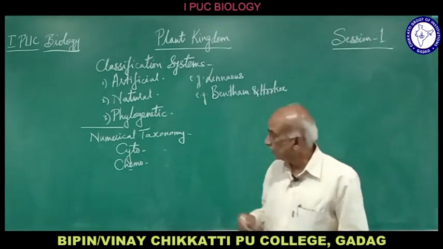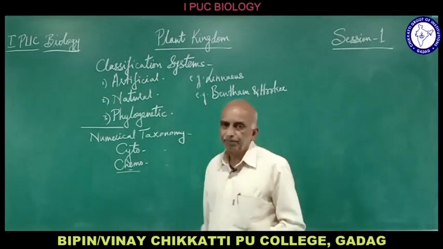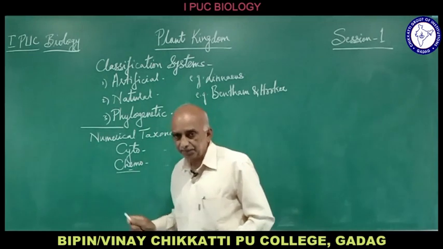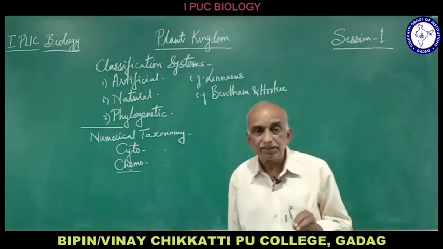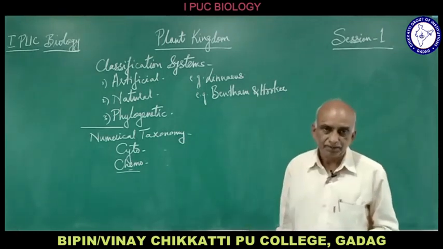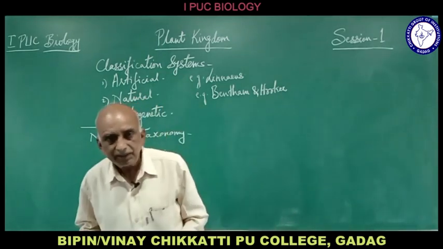Like that, taking into consideration the chemicals which are present in the organisms, when classification is done by considering the chemical constituents of the organisms, it is called chemotaxonomy. So like that, numerical taxonomy, cytotaxonomy, chemotaxonomy.